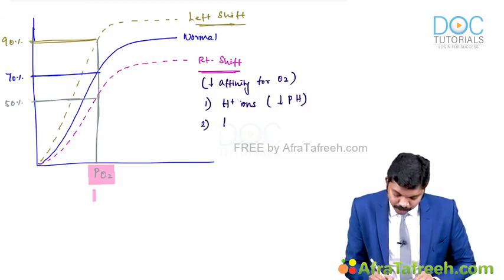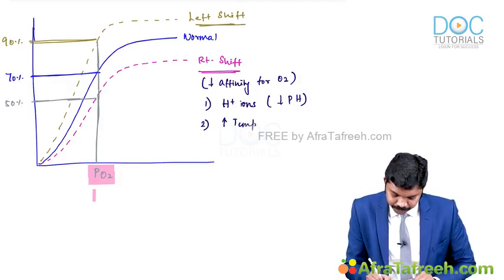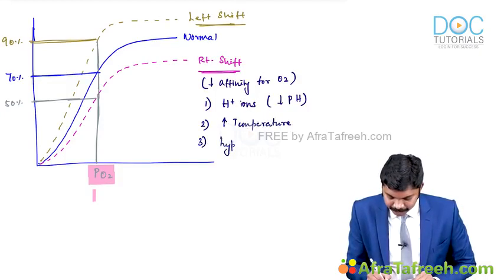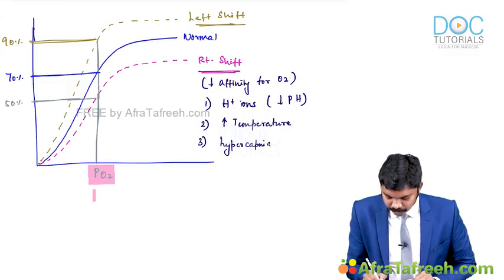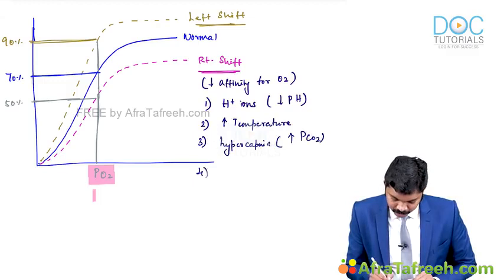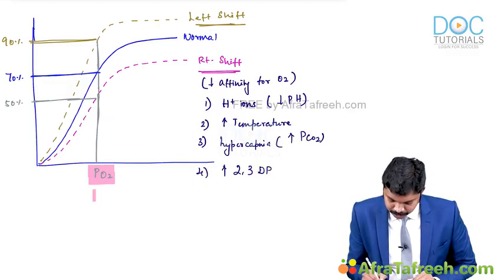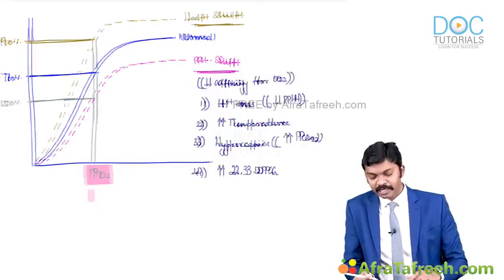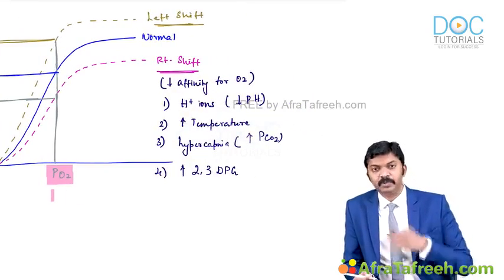Point number 2, increased temperature. Point number 3, hypercapnia, that is increased partial pressure of carbon dioxide. Point number 4, increased presence of 2,3 bisphosphoglycerate or diphosphoglycerate.